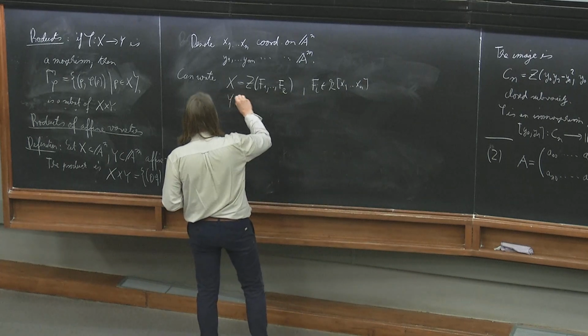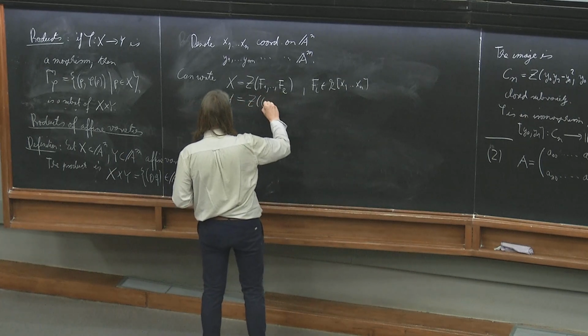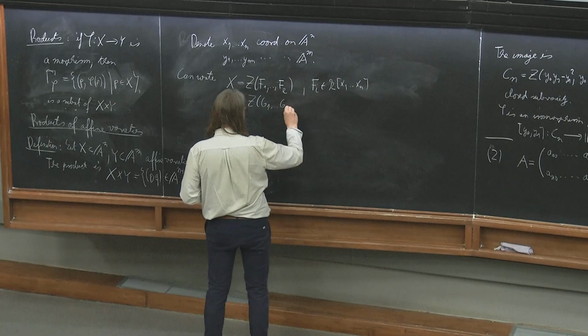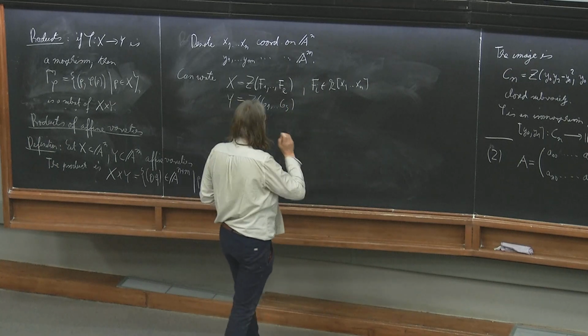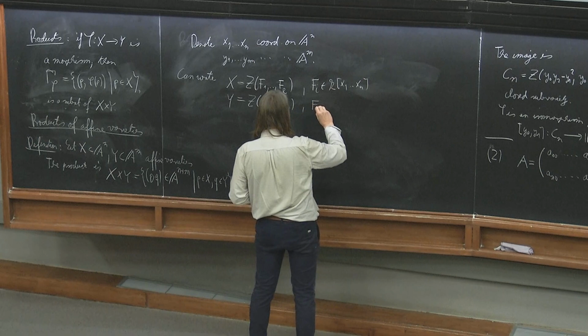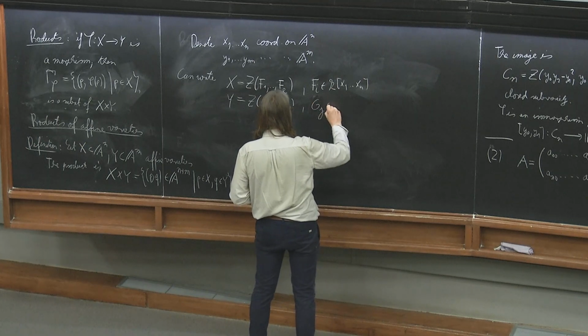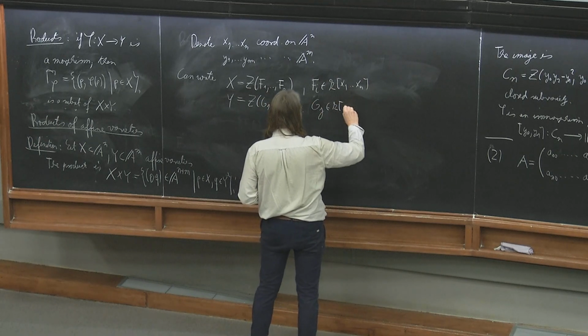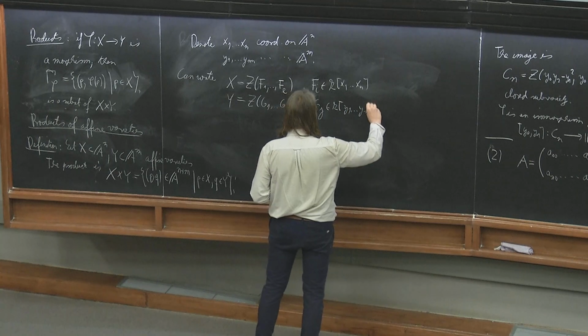In the same way, Y will be the zero set of some polynomials in the second set of variables, y1 to ym.